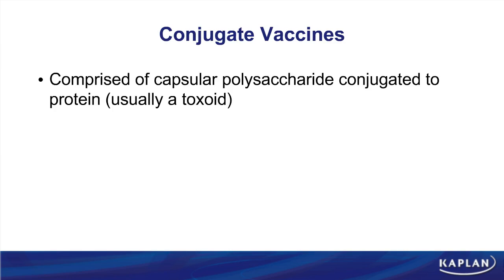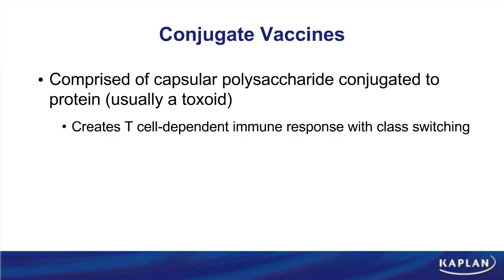So another really important vaccine type, especially for step 1, are the conjugate vaccines. For the reason that we just mentioned with the polysaccharide vaccines, which is that they can only induce an IgM response, what they did was they conjugated this polysaccharide to a protein, which created this way better immune response because, of course, it made it T cell dependent.